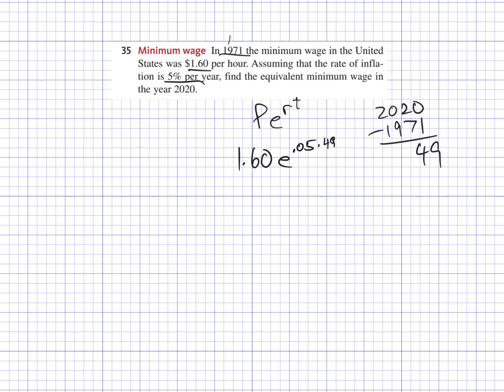Now you do your calculation, 0.05 times 49 years, and e to that value is going to be 11.588 times 160. That's where we started. So we have the equivalent minimum wage is 18.54.